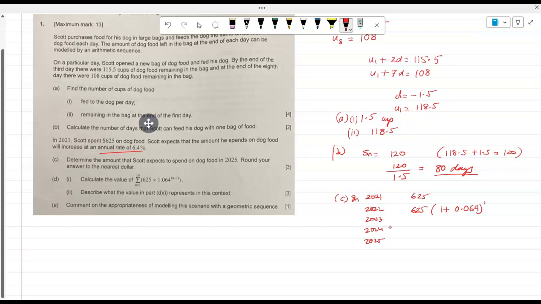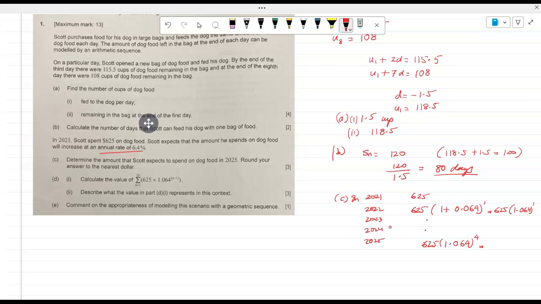6.4%, so that's how much? Basically 625 times 1.064 raised to 1. This will be raised to 2, raised to 3, raised to 4. Correct? So 625 times 1.064 raised to 4, that's your 225.